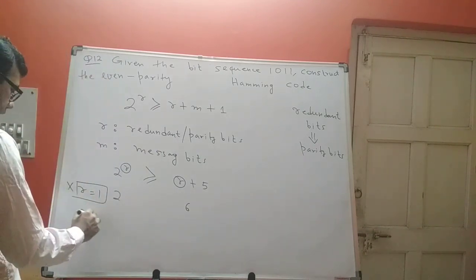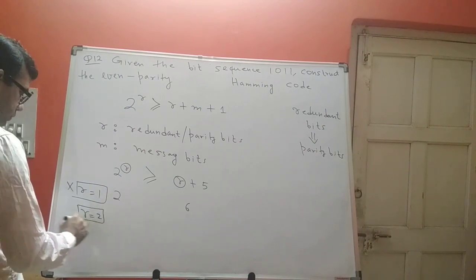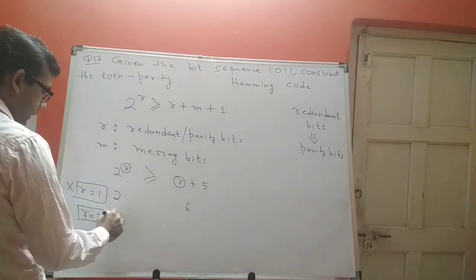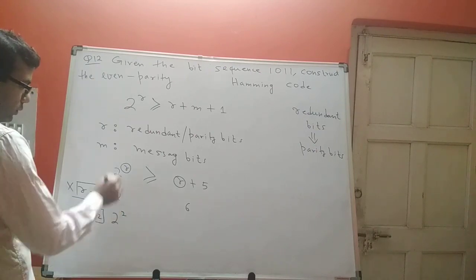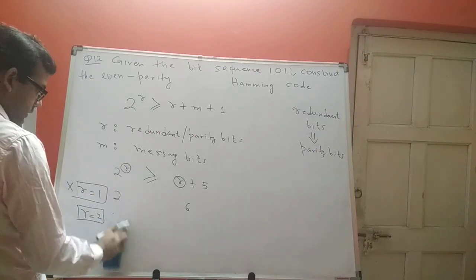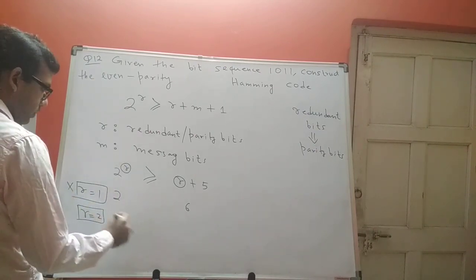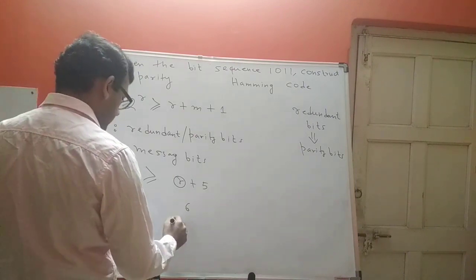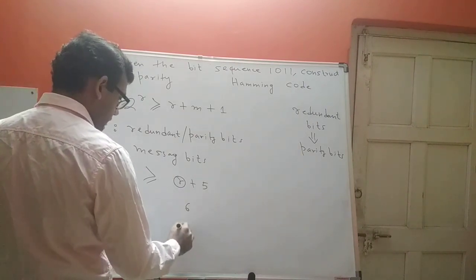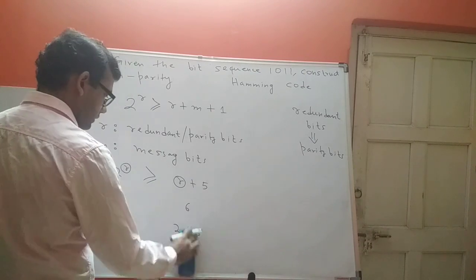Next, we will try with r equal to 2. On the left hand side, you get 2 to the power of 2, which is 4, and on the right hand side, you get 2 plus 5, which is 7.